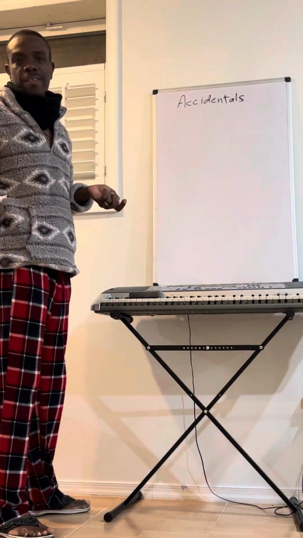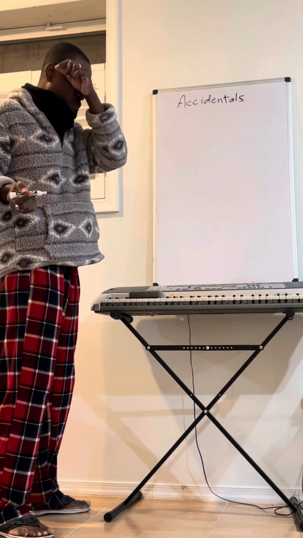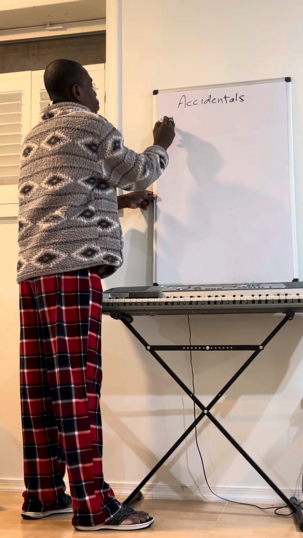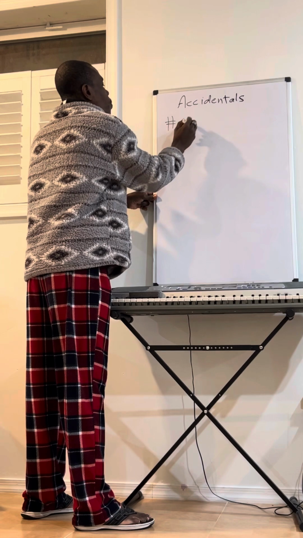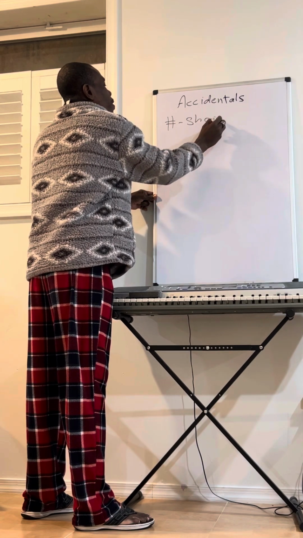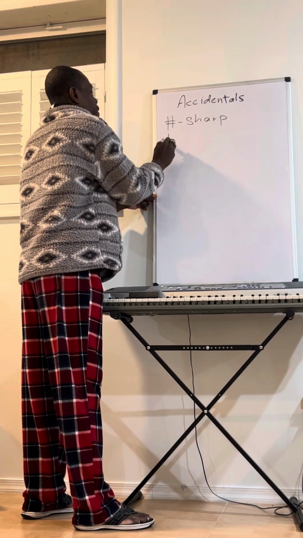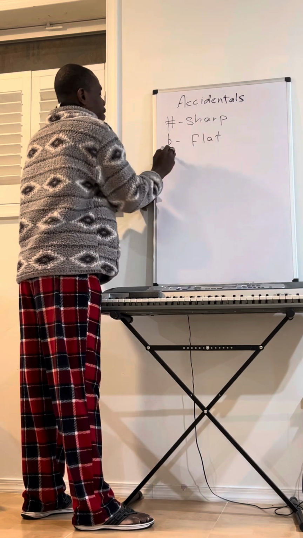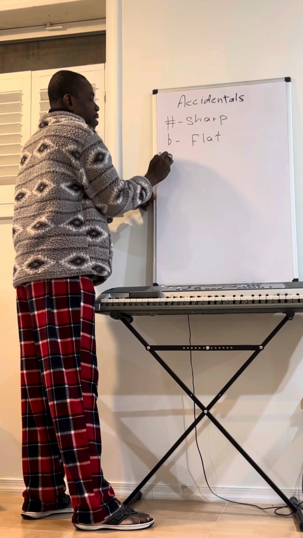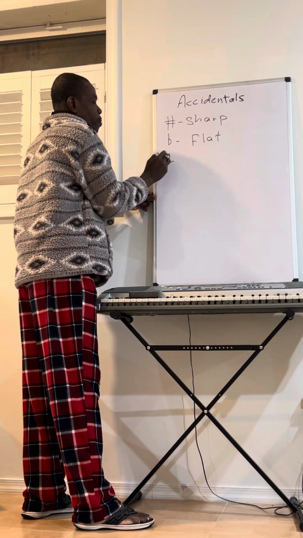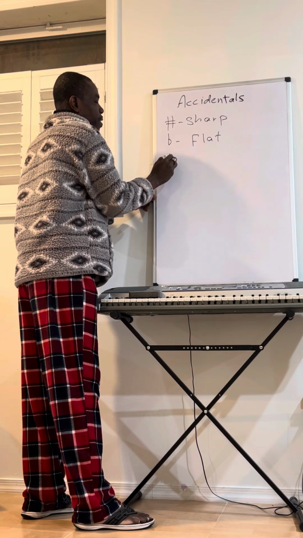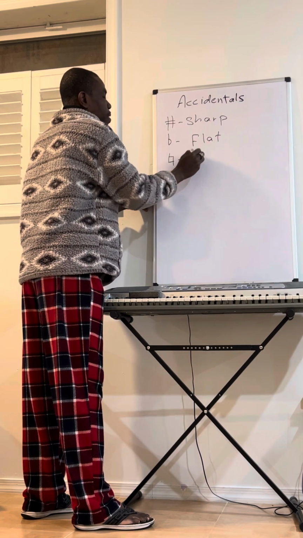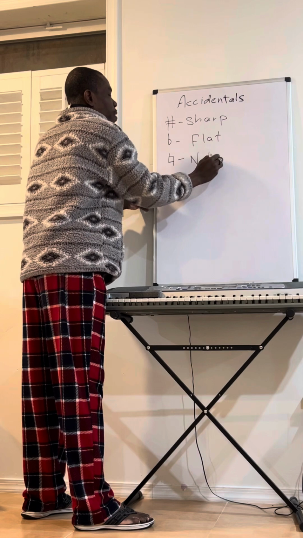Now, accidentals are a sharp sign, a flat sign, drawn like this, pay careful attention to how I'm drawing this one, an L and a 7, and a natural.